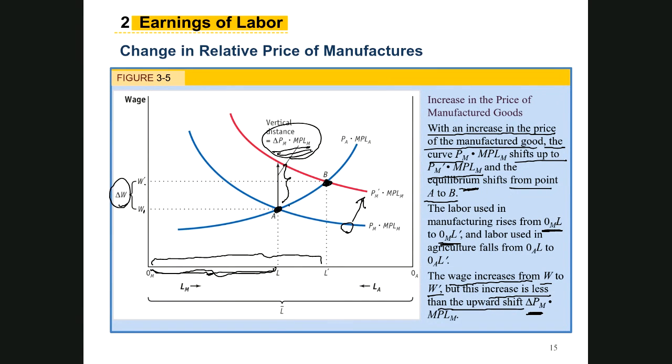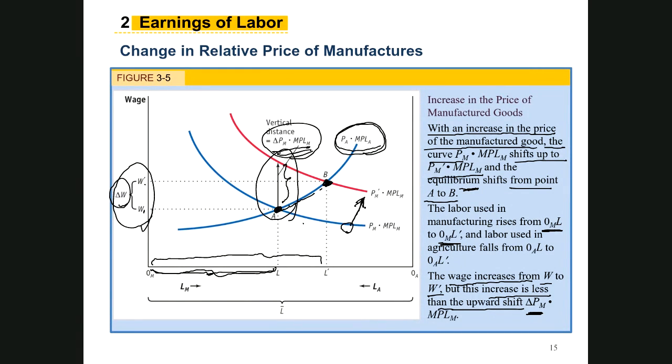So as you could think, why is there a difference between the wage increase and the price increase? You see that these two points move along the value of the marginal productivity of labor line. And it has a slope, right?